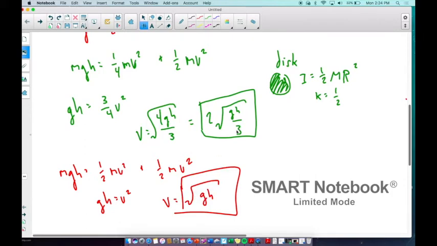I am dividing by the square root of 3, but the square root of 3 is smaller than 2, so I still end up multiplying this velocity compared to this one.